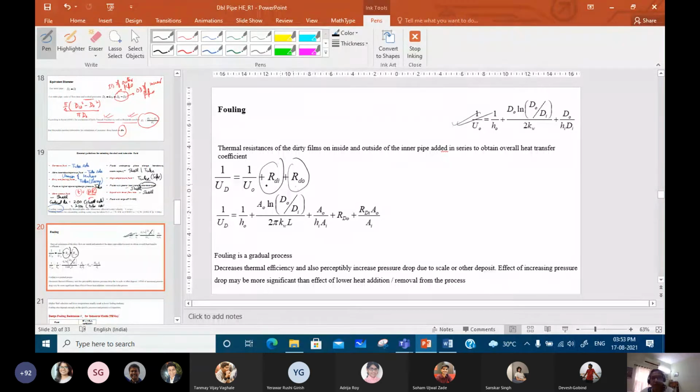From the basic coefficient that you have got, you add these resistances, and to estimate the UD, the design overall heat transfer coefficient, based on this UD you calculate the area which will ensure the required heat transfer over a longer period without closing down, without cleaning, etc. So normally heat exchangers are designed considering the fouling resistances or the dirt factor.